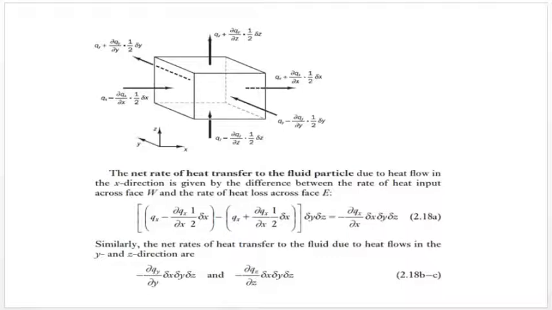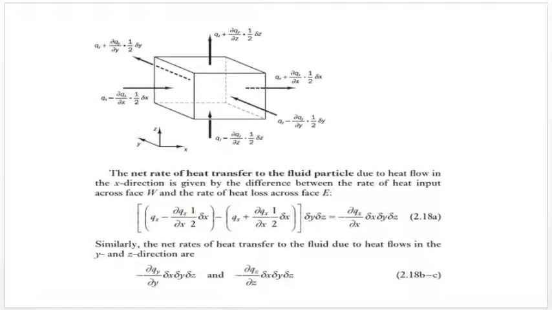That's it. The net rate of heat transfer to the fluid particle due to the heat flow in the x direction, for the left and right faces, that is the west and east faces, we have written as Qx minus dou Qx by dou x 1 by 2 del x minus Qx plus dou Qx by dou x 1 by 2 del x into del y del z, which is equal to the overall rate, that is minus dou Qx by dou x del x del y del z.